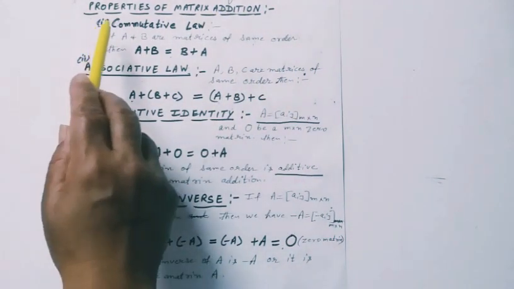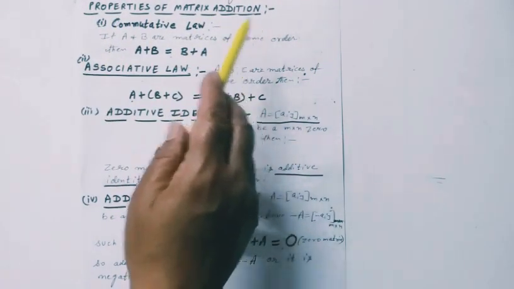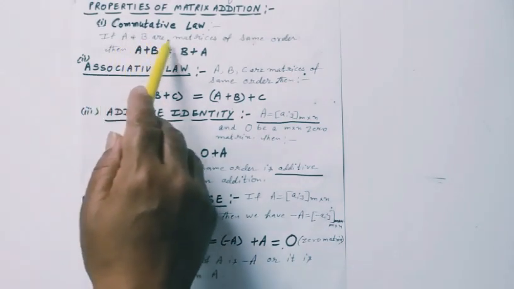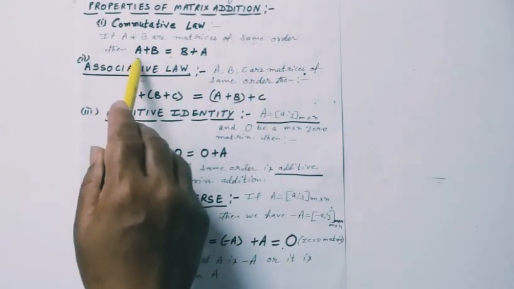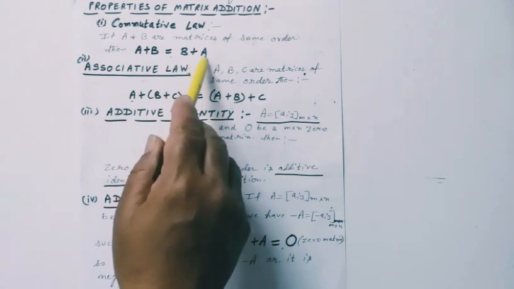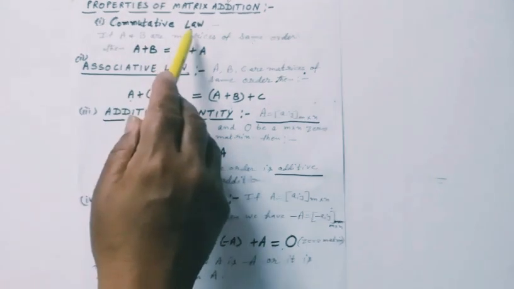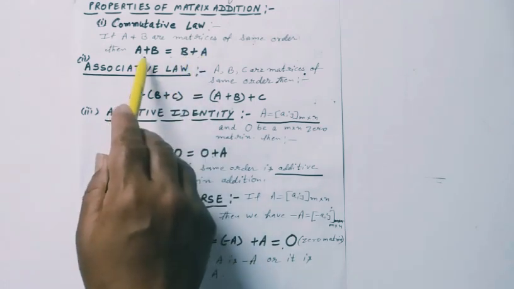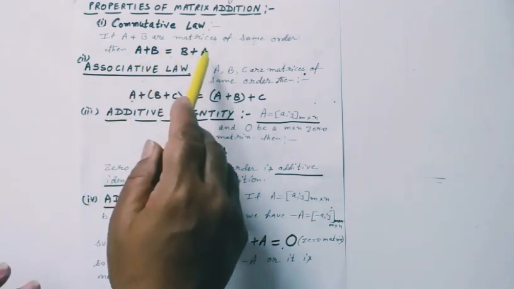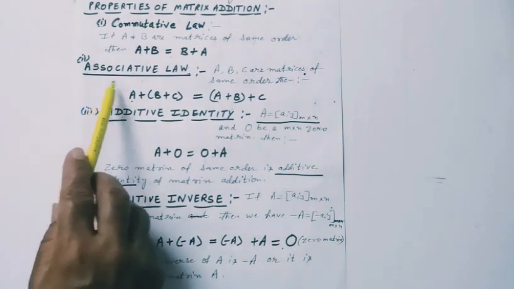Now let us discuss the properties of matrix addition. You can see that if A and B are two matrices and they have the same order, then A plus B is going to be B plus A. This means the commutative law is followed in matrix addition. That means you add two matrices in any order, the result is going to be the same. Second is the associative law.